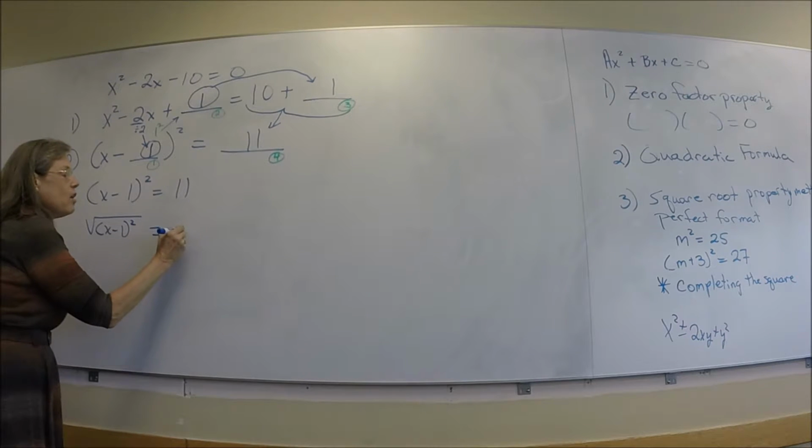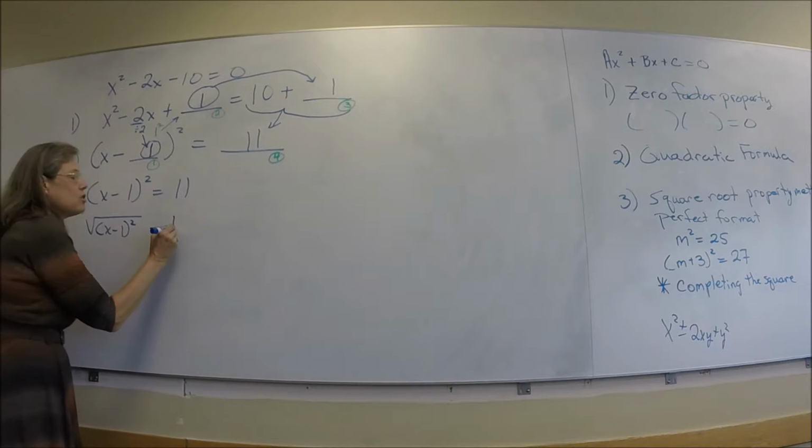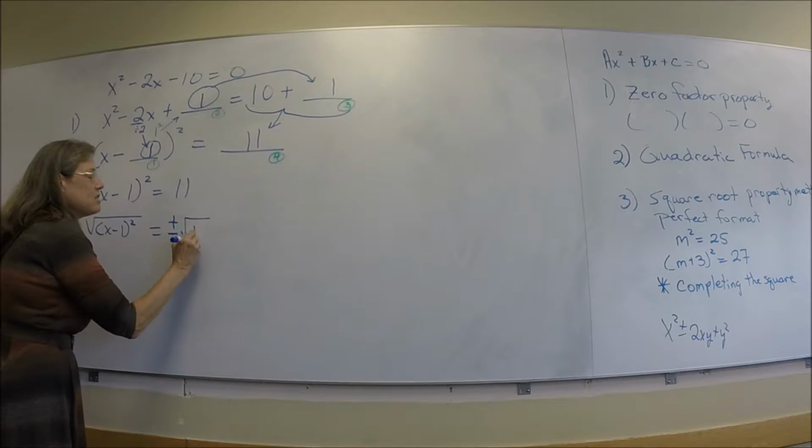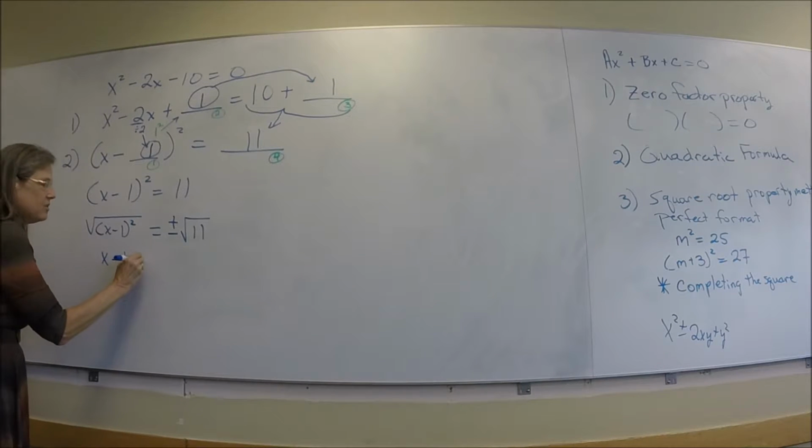Now, when I do it on the other side, because this is an even index, I have to account for both positive and negative, because 2 negatives multiplied together is positive. So it could be either one. So plus or minus square root of 11. Okay? So now this falls out as my answer.